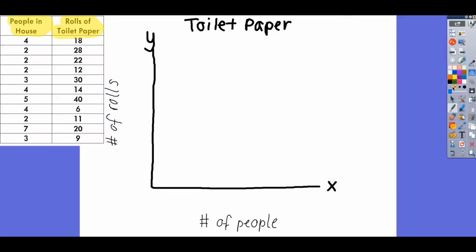Okay. The part that gets tricky is when you're trying to decide where the numbers are going to go. So the first thing I'm going to do is look over here at the people in the house, and I'm going to look for the smallest number and the biggest number. So the smallest number of people is 2 and the biggest number of people is 7.